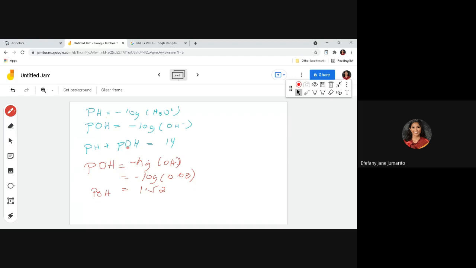Now, if we are going to find the pH, we also have this formula: pH plus pOH, 1.52, is equal to 14.